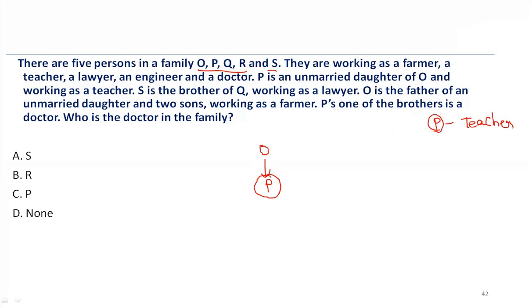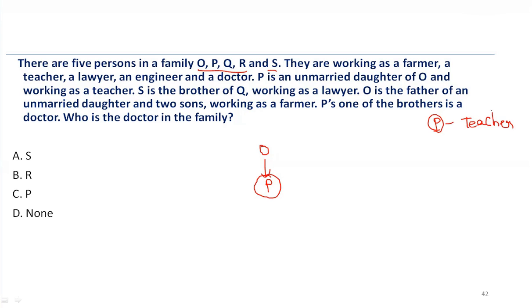Next. S is the brother of Q. Do you know where is S and Q here in this picture of the blood relation tree diagram we are writing? Don't know. So you can keep that aside. S is a brother of Q working as a lawyer.